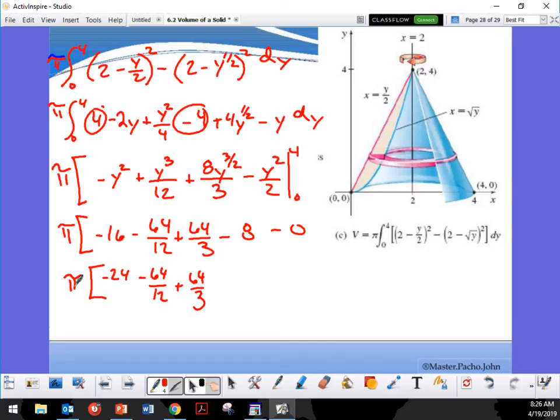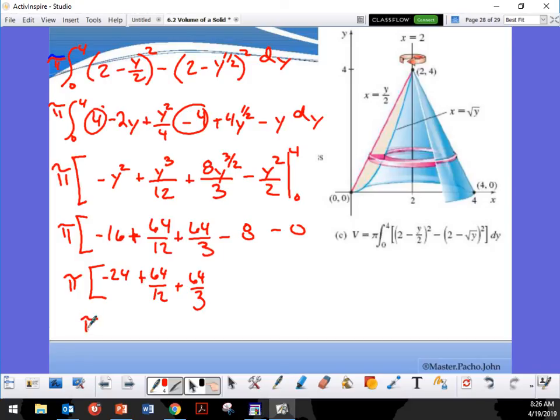Because you plug in 4, it's just positive 64 over 12. You're right, that should be a plus, sorry. There we go. And 64 over 12 is the same as 16 over 3, so you can add it. Okay, good, I didn't reduce it.